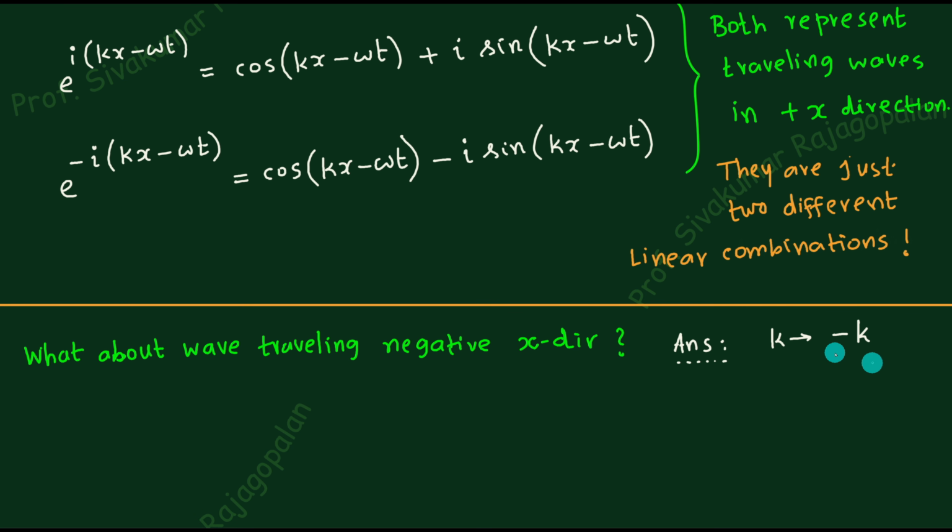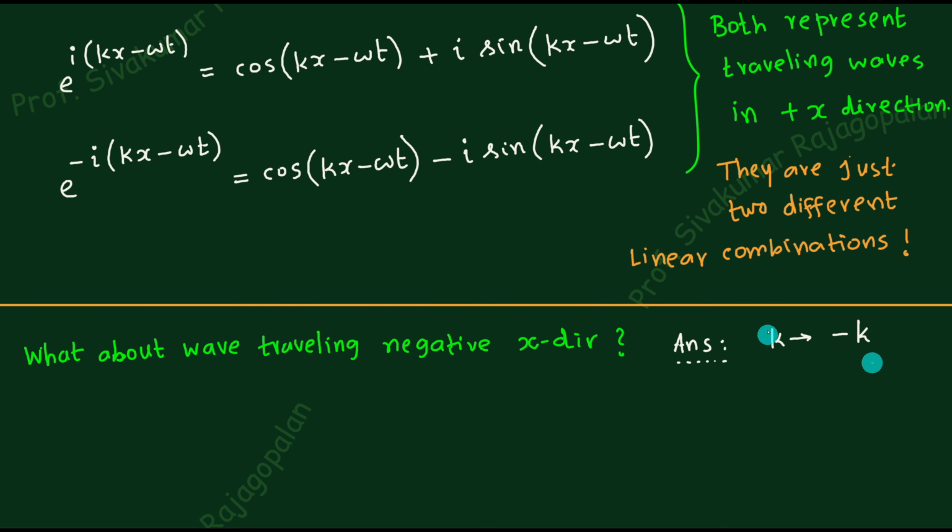If you are going to work with the x minus vt version, it's fine, we can replace v by minus v. But since everything has already been translated in terms of wave vector, the wave vector is going to tell you the direction of propagation. Because of that reason, every k will be replaced by minus k in that equation. If you replace, then it will represent the opposite direction.